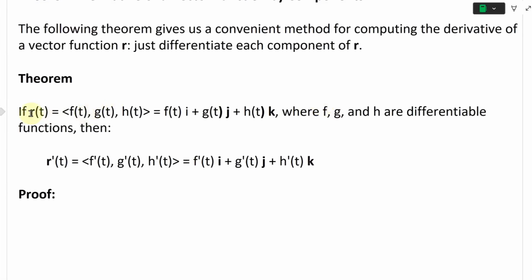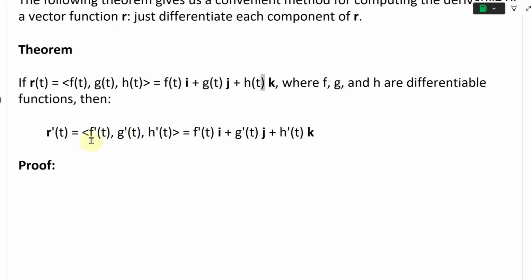So the theorem: if r, a vector function of t, is equal to the components f of t, g of t, h of t, which are just regular functions inside a vector, this equals, using the ijk format, f of t i plus g of t j plus h of t k, and where f, g, and h are differentiable functions, so they all have derivatives, then the derivative r prime of t is the derivative of each component: f prime of t, g prime of t, h prime of t.